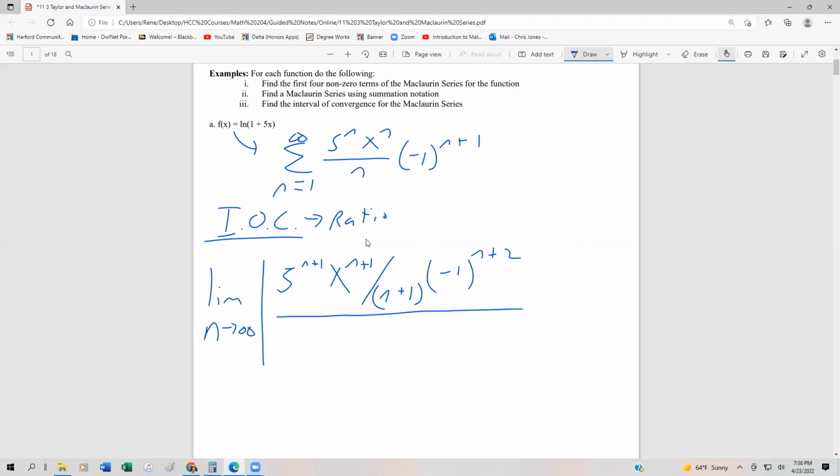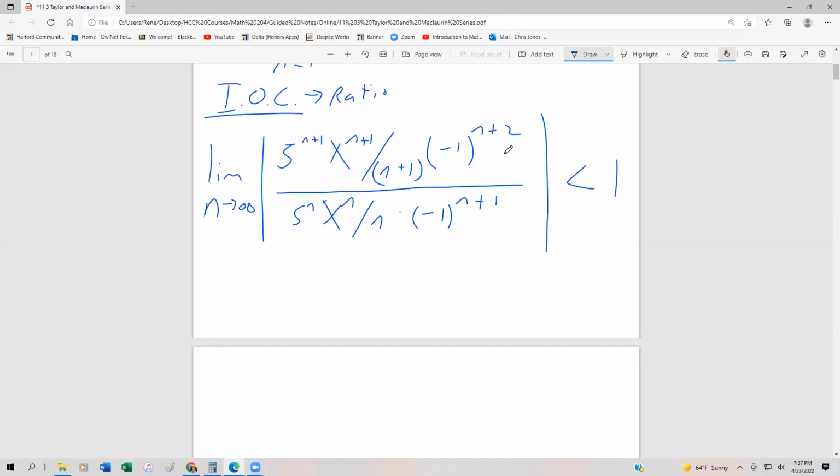And then we're going to divide all of that by 5 to the n, x to the n, divided by n times -1 to the n plus 1 power. Now remember, that has to be less than 1 for this to be convergent. The good news is that even though this looks ugly, we can simplify this a lot.